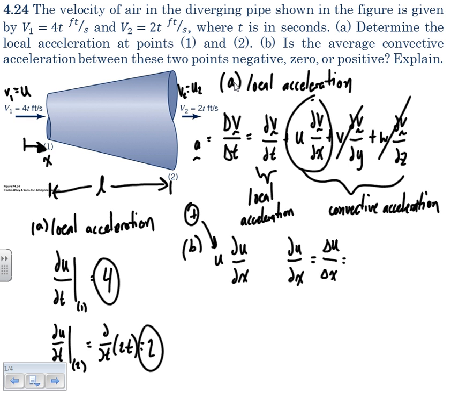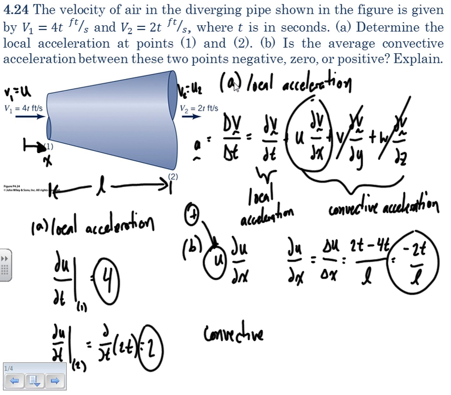Okay. So my change in u is, at point 2, the velocity 2t minus the velocity at position 1, 4t, over delta x, which is L. So that's going to equal minus 2t over L. So now you see that the derivative partial u with respect to x is always going to have this negative sign, and since u is positive, I can say that the convective acceleration is always negative.